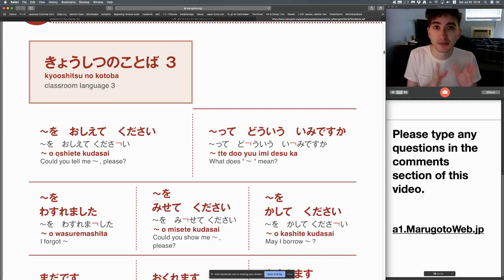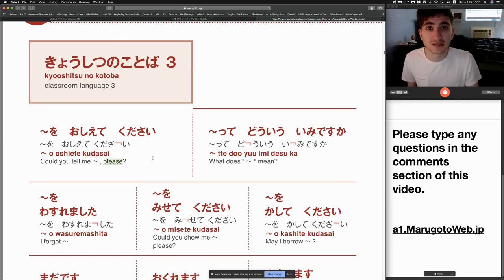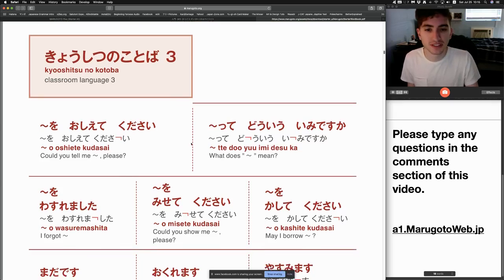So Japanese culture is 日本の文化。If you're with your Japanese professor and you want them to teach you about Japanese culture, you could use this phrase. 日本の文化を教えてください。Very interesting phrase. You will see this kudasai a lot in this lesson. Kudasai means please. Could you please do this for me?